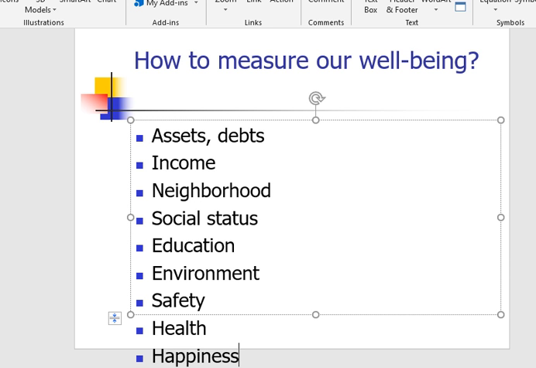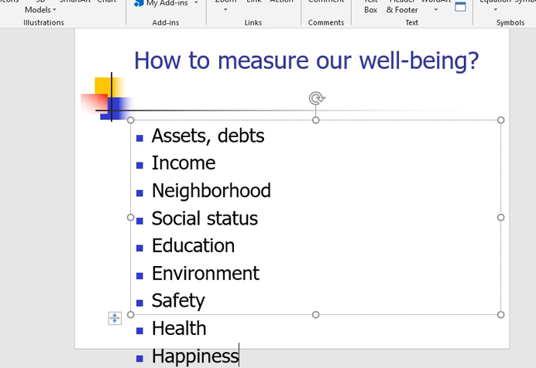So in other words, these are things that are not so easily quantifiable. I mean, we have economists out there who have constructed indexes for health to measure how healthy individuals are, indexes for the environment, how clean or how polluted our environment is.